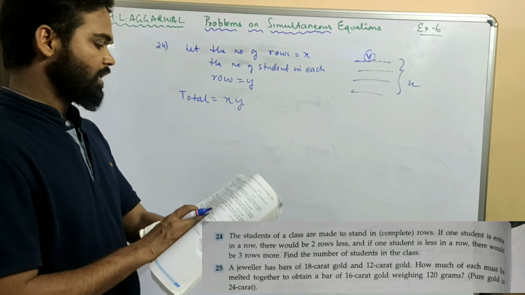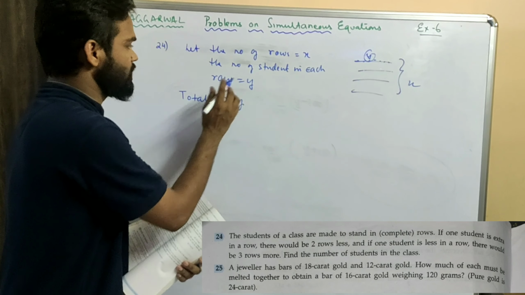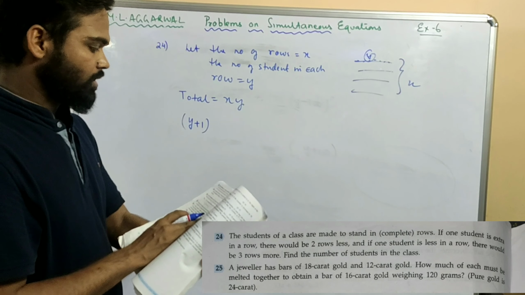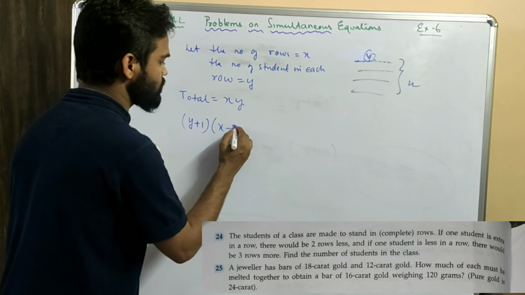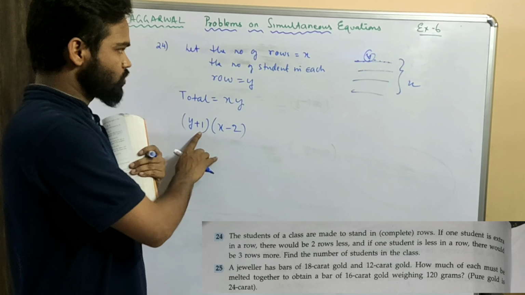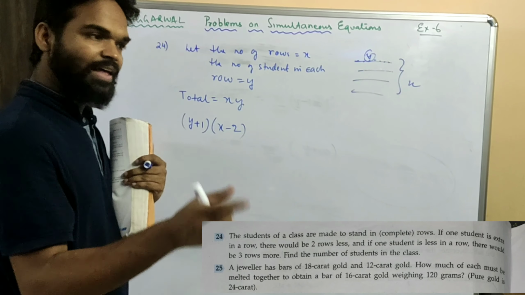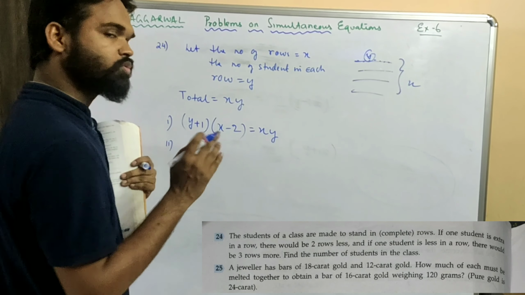Now read the sum. If one student is extra, which means Y plus 1, there would be 2 rows less, which means X minus 2. If you increase the number of students by 1, the number of rows gets reduced by 2 and the product will still be the same.